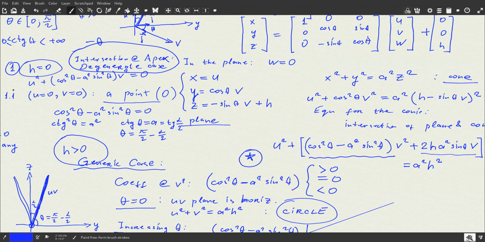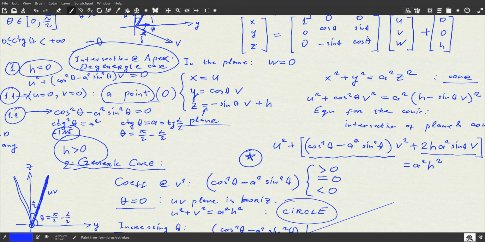This is 1.1 when we have only one point, and 1.2, again a degenerate case, when exactly the same situation holds, theta is pi over 2 minus half alpha, in which case we have a line. So the plane refers to this: a line, and a point.